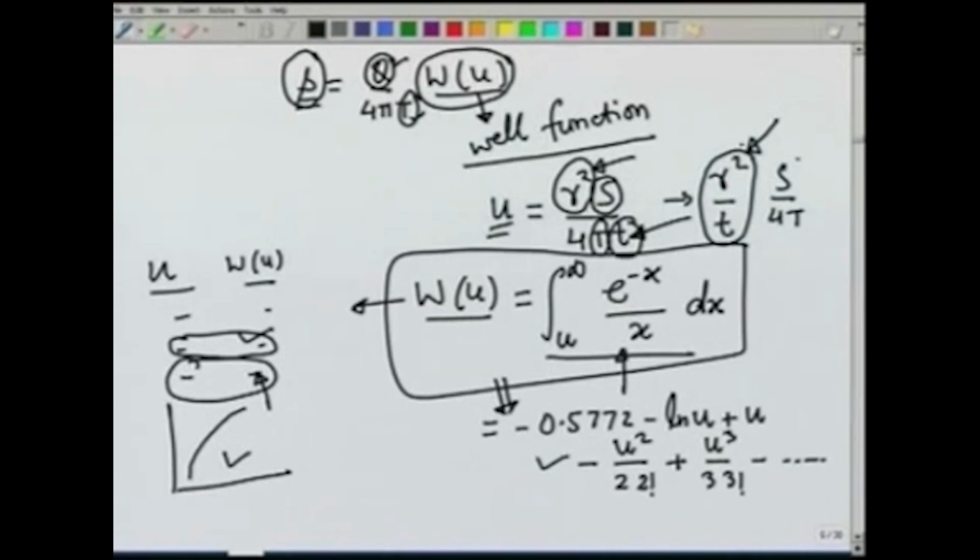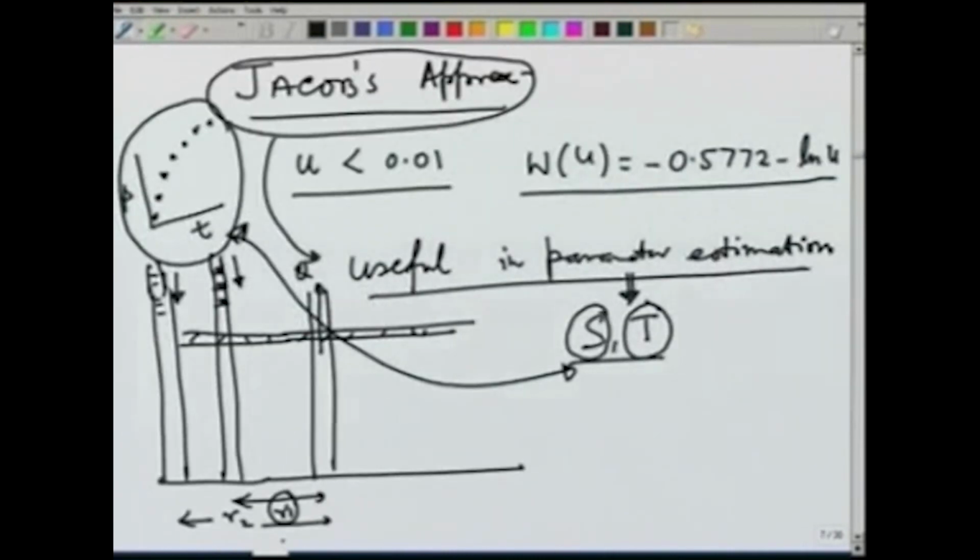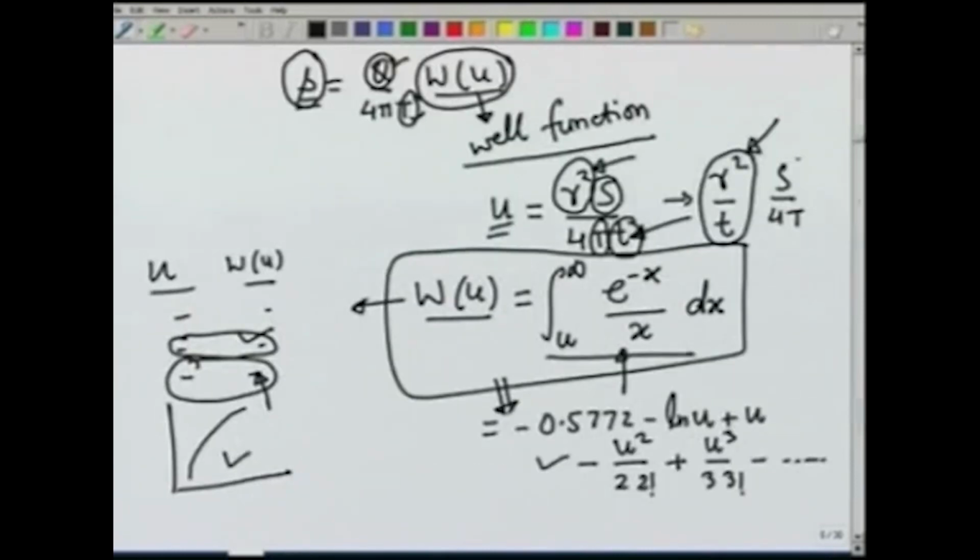So, if you have two different wells at distances of r1 and r2, if we plot T versus s, they would be on different lines, but if you plot r squared over T or T over r squared versus drawdown, both of them will fall on the same curve, and that curve can be used to estimate the value of S and T.